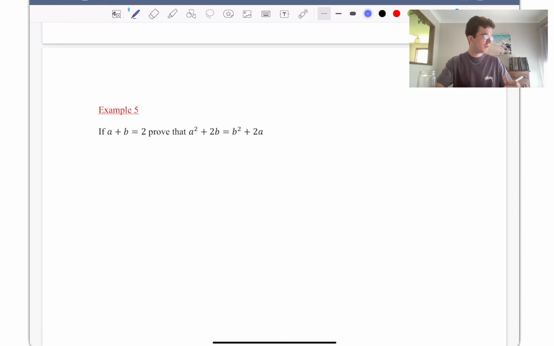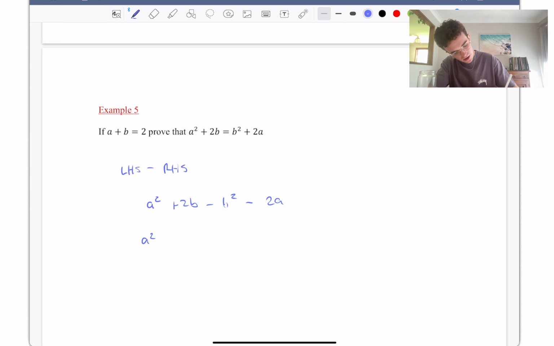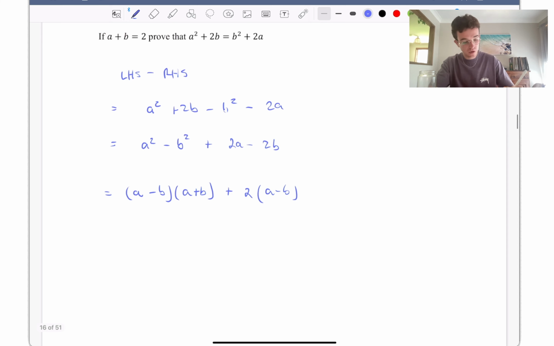So the left-hand side minus the right-hand side is a squared plus 2b minus b squared minus 2a, which is a squared minus b squared plus 2b minus 2a. That's a difference of two squares, a minus b times a plus b.